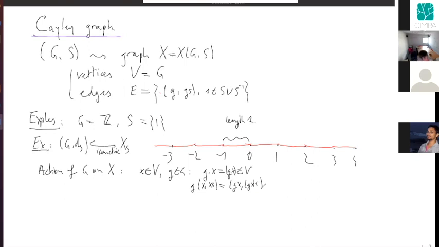So now what is nicer than just looking at the word metric is that we obtain something that is connected. So properties: the Cayley graph is connected. Balls are compact.